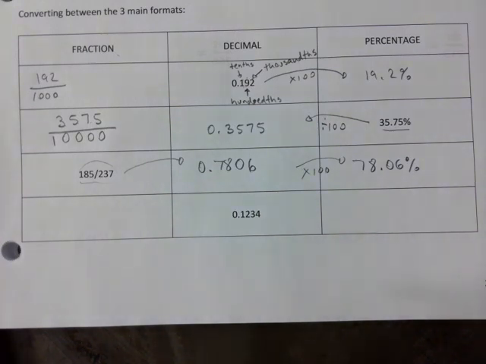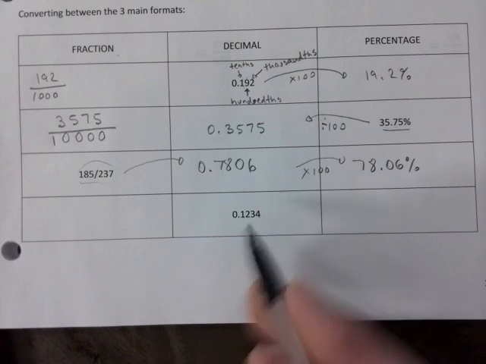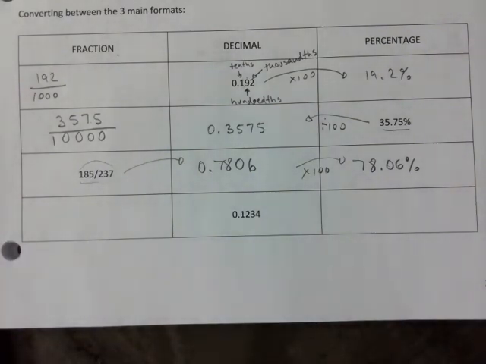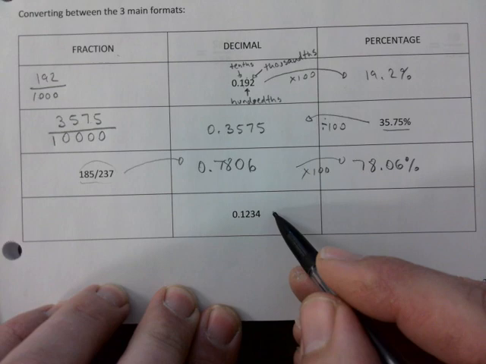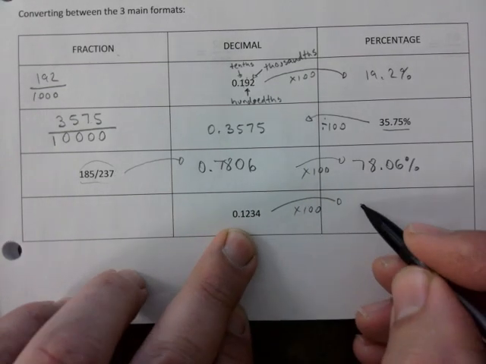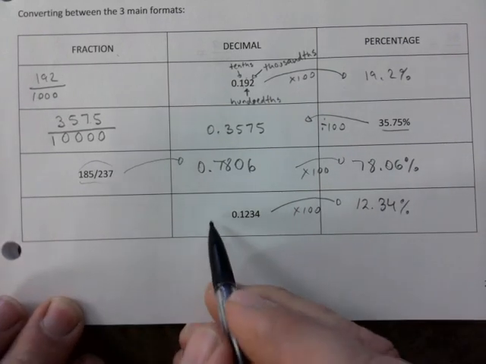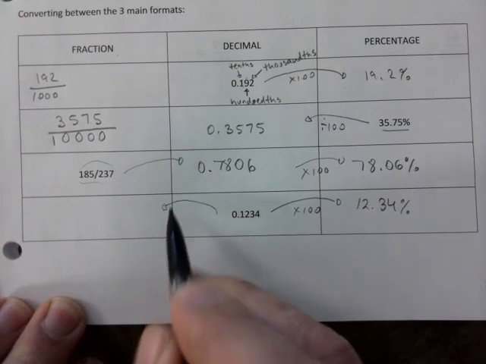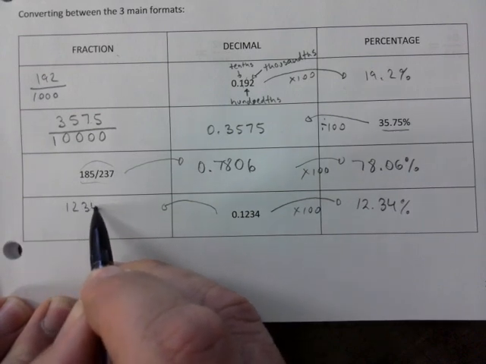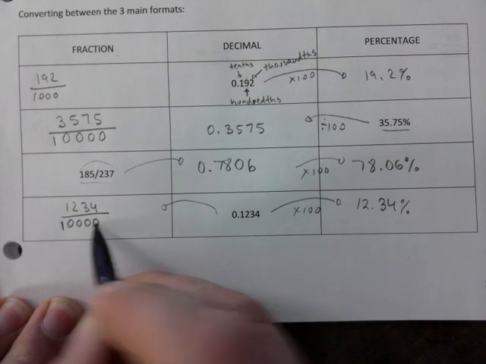So it's actually not too bad if you know. And when you're a decimal, it really doesn't matter which way you go if you have a decimal already. So if it's a decimal, we multiply by 100, and that gives you 12.34%. And then from there we went here. So it's 1, 2, 3, 4 over 1 followed by 4 zeros.